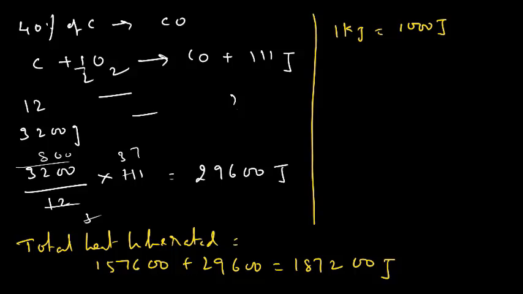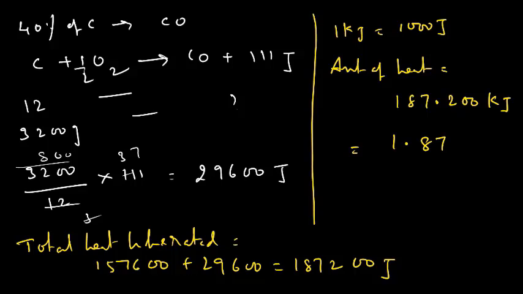So if you divide this by 1000, we get the amount of heat liberated equal to 187.2 kilojoule. So scientifically it can be written as 1.87 into 10 to the power 2 kilojoule. So this is the amount of heat liberated.